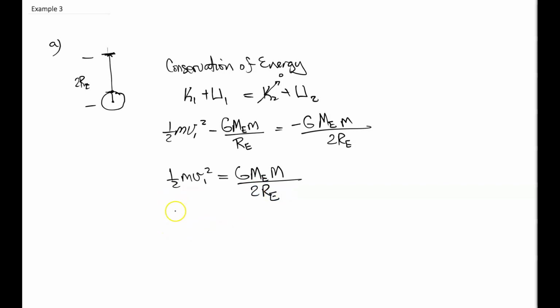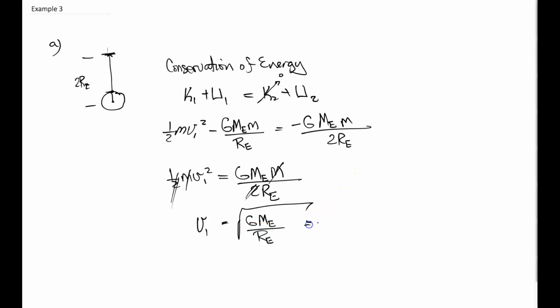And now we can say that the masses cancel out, the 2's will cancel out, and we're left with v1 squared equals, so v1 is the square root of G, mass of Earth, over the radius of the Earth.